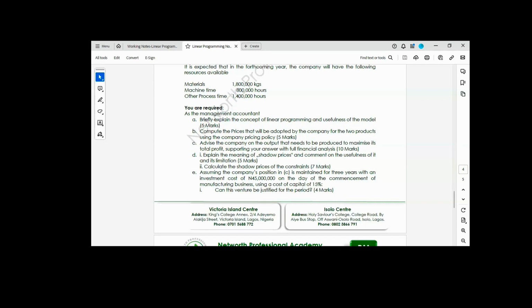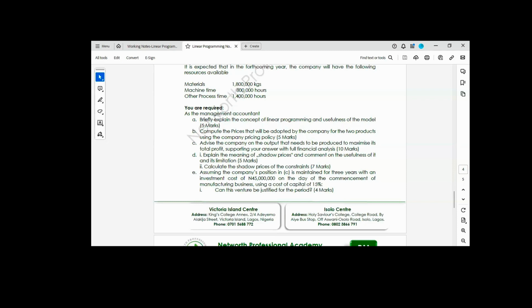So margin of safety represents the extent to which output will fall before a company begins to incur losses. All right, I repeat, margin of safety represents the extent or the degree to which output will fall before an organization begins to incur losses.